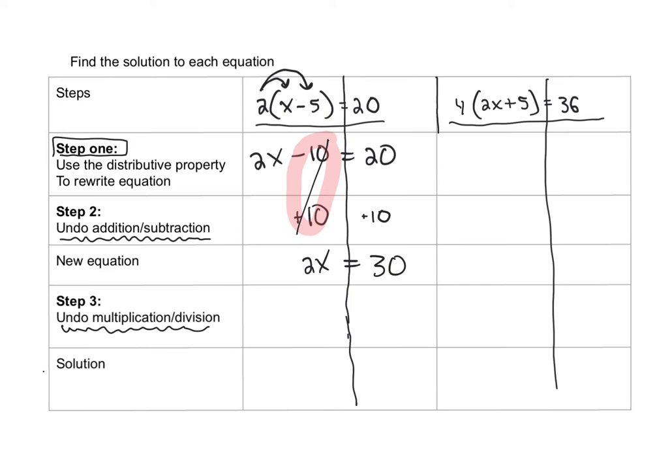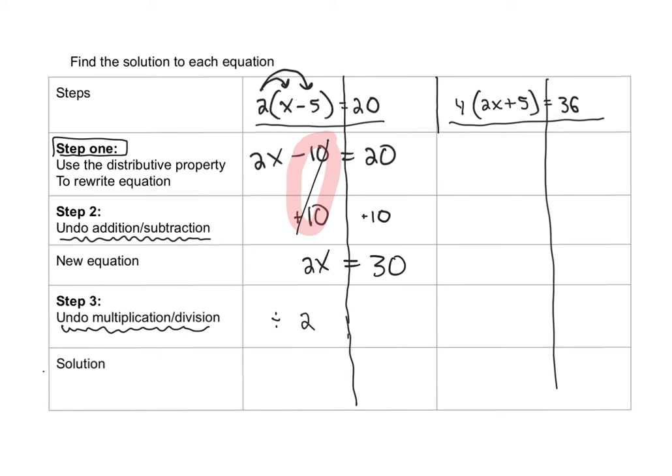What I mean by this undoing is, again, we are trying to get to that goal of 1 positive x. Since what we have here is x multiplied by 2, we need to use our inverse operation, the opposite of multiplication. Anything divided by itself equals 1. So in order to get 1x there, we're going to divide this by 2.